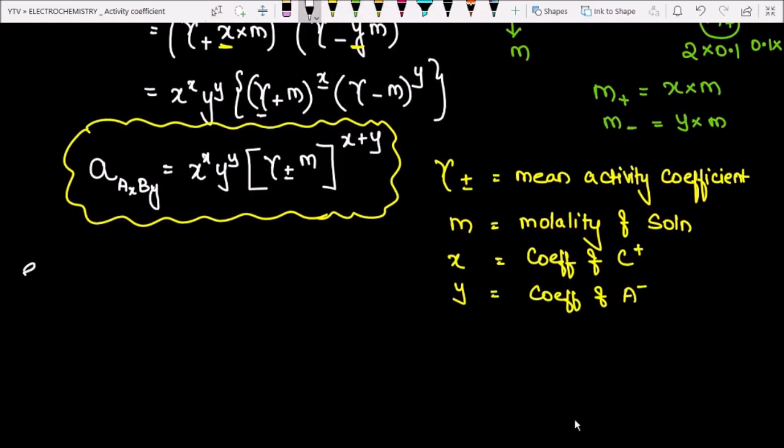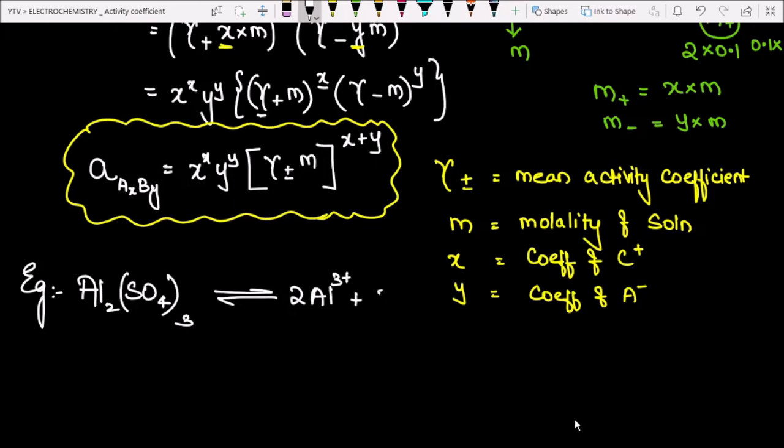Let's say I have an example, just take the first one, Al2(SO4)3. I'm asking to find the activity value. How will you split it first? You will split it into 2Al3+ and 3SO4 2-. Now can you see this 2 value? This is the coefficient of the cation. After splitting, you will see the coefficient.